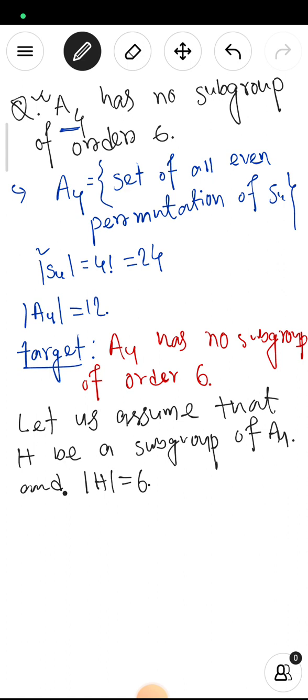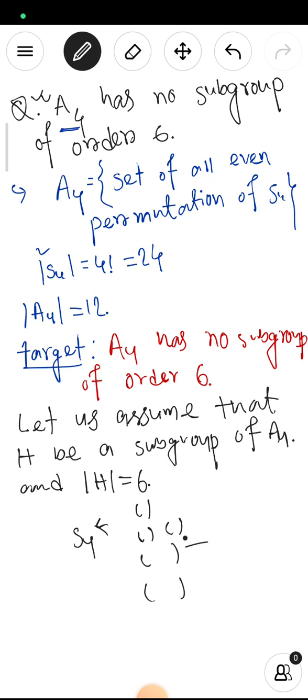We also know that S4 has 1-cycles, products of two 2-cycles, 3-cycles, and 4-cycles.